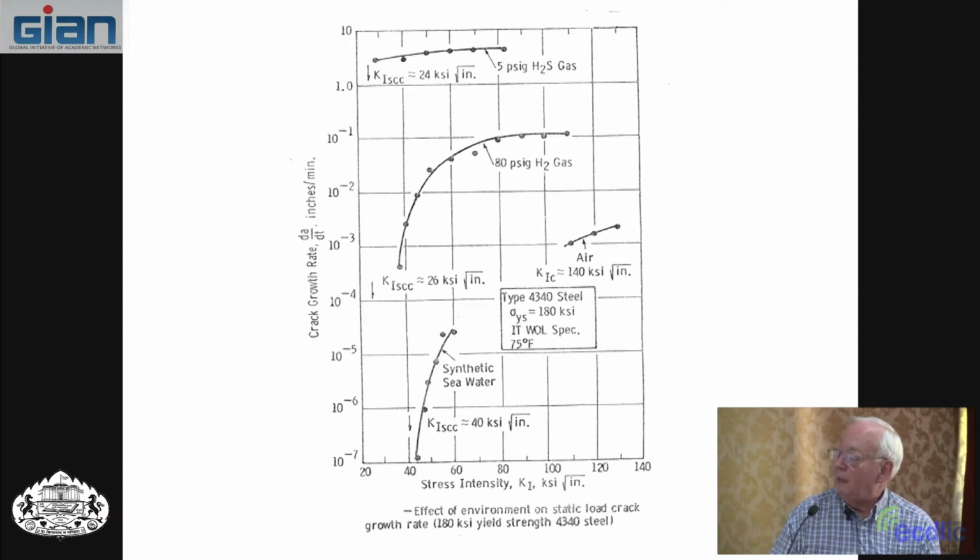So the idea here is you put a cracked body in hydrogen gas. The hydrogen gas goes down the crack, reacts with the material at the crack tip, goes into the material, diffuses through the material, and then goes and does damage somewhere. One of those steps can't happen fast enough to keep this increasing.